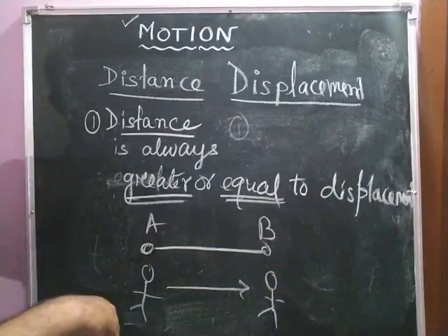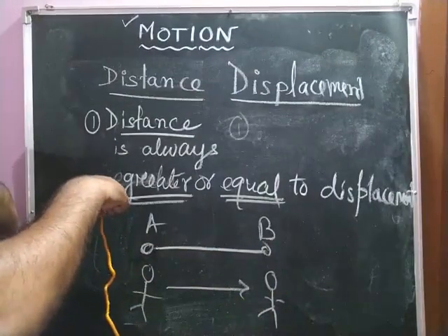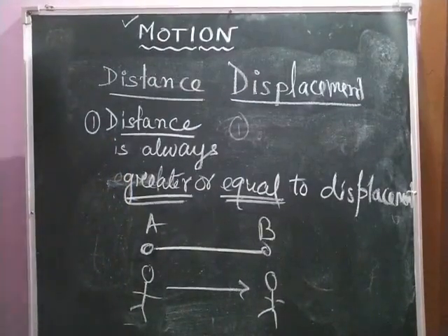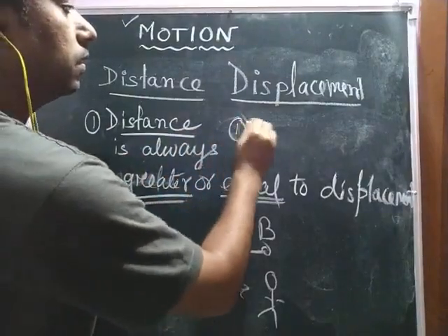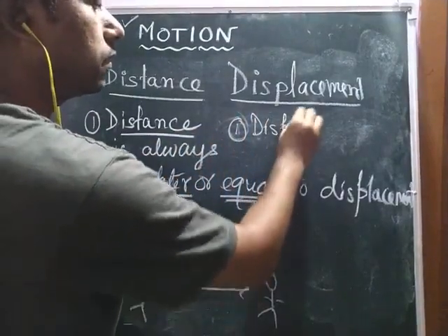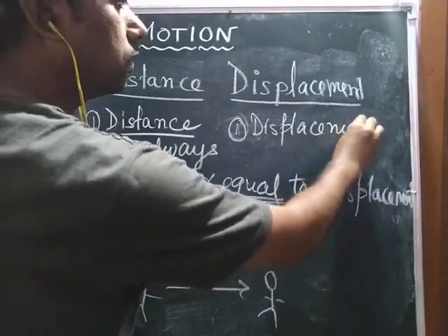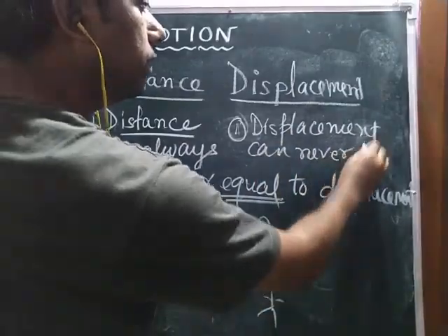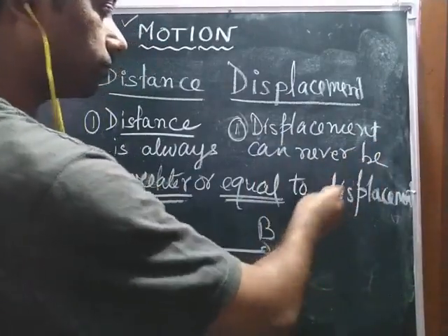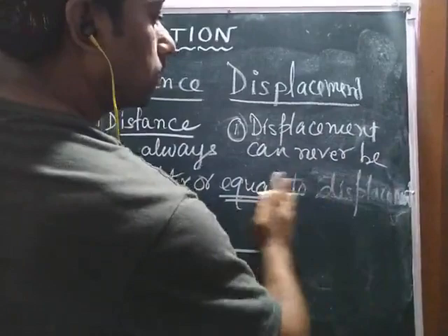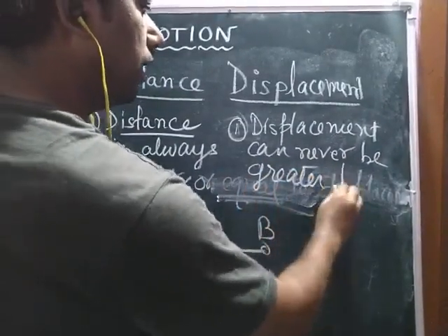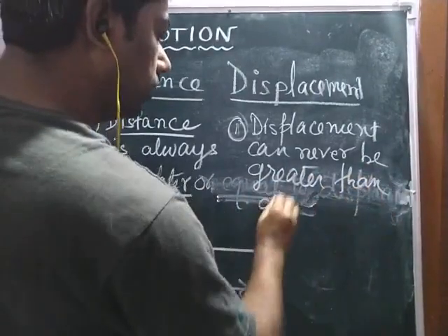But in most of the cases, distance is greater than displacement. Okay. So displacement can never be greater than distance.